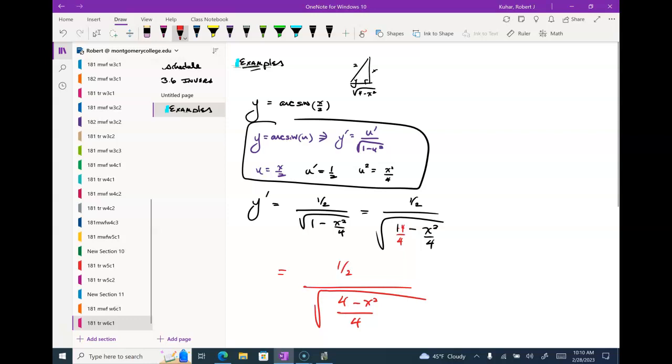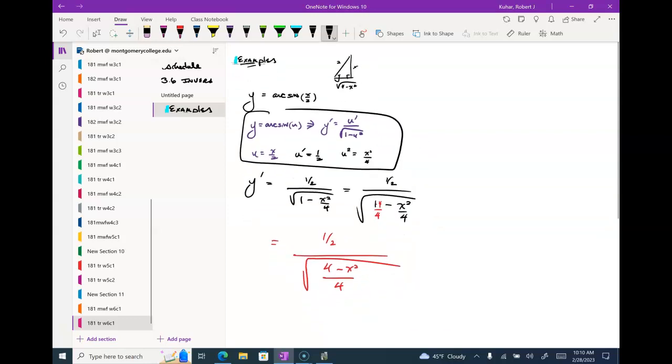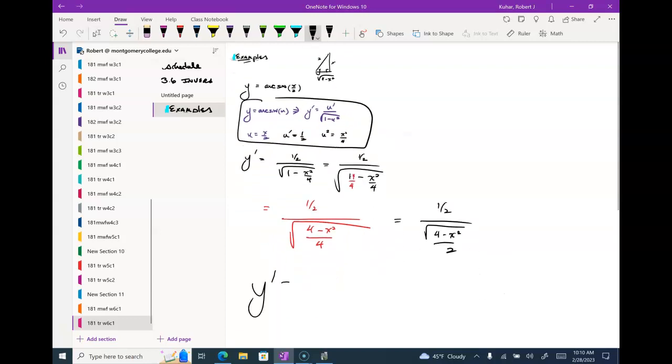So that downstairs 4 comes out of the radical as a what? Yeah, a 1/2, right? So I have a square root of 4 minus x squared all over 2. So there's a 1/2 upstairs and a 1/2 downstairs. Do you see that? So final answer is what? 1 over square root of 4 minus x squared.